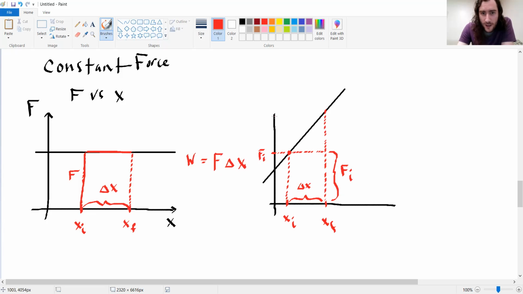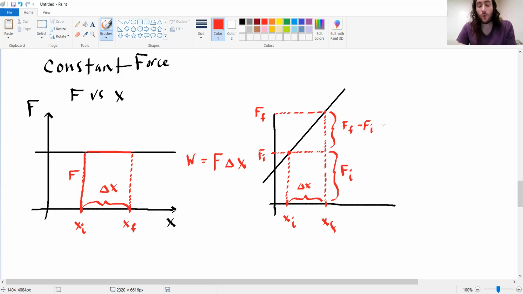And then this height right here is going to be, if this is F final, F final minus F initial, right? So you just have to go about calculating that area using triangles and rectangles, right?